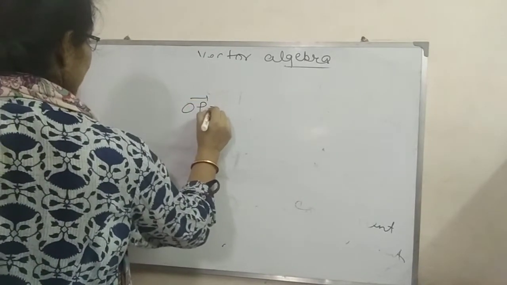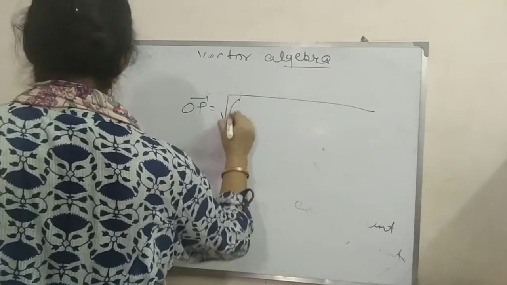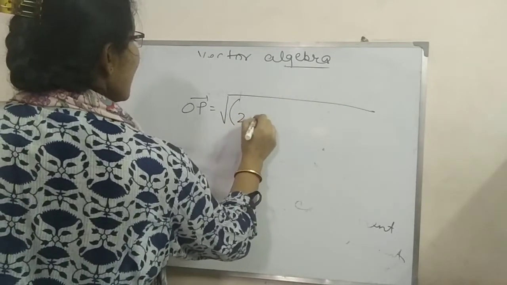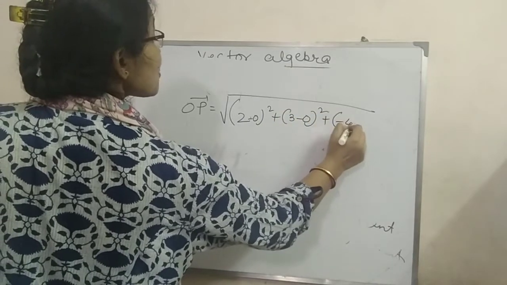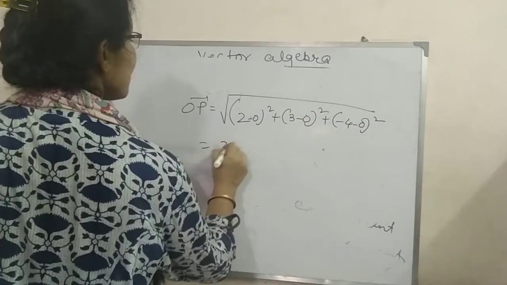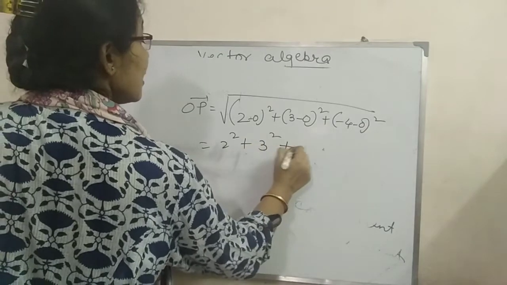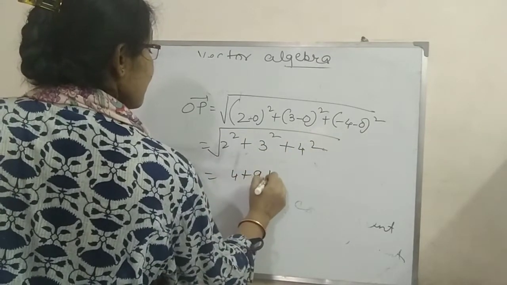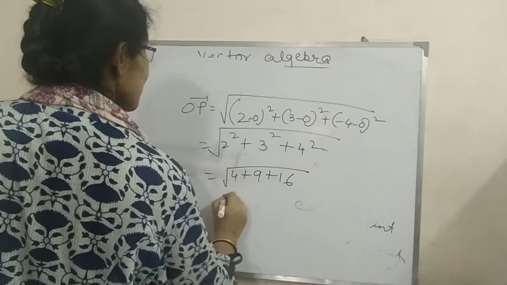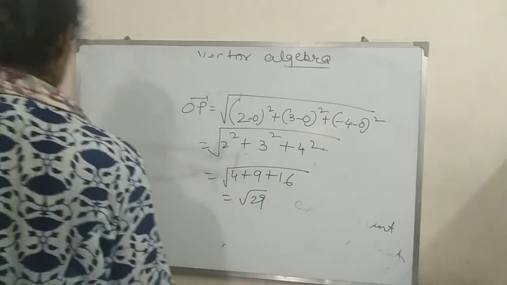And OP equal to root over 2 minus 0 whole square plus 3 minus 0 whole square plus minus 4 minus 0 whole square. This is equal to 2 square plus 3 square plus 4 square, 4 plus 9 plus 16. This is equal to root over 29.